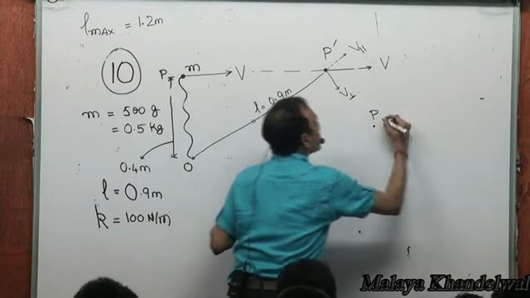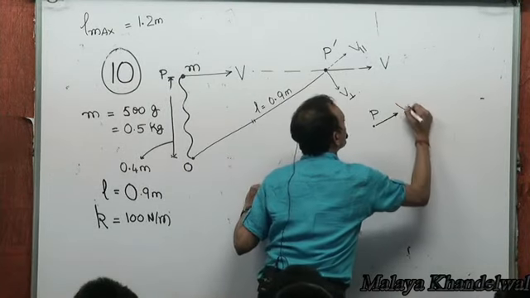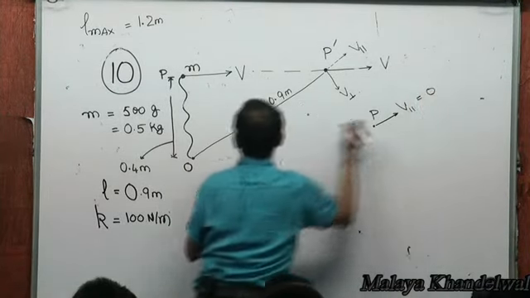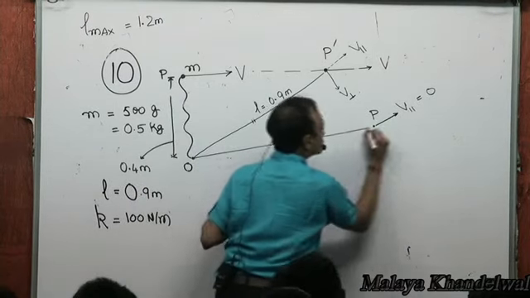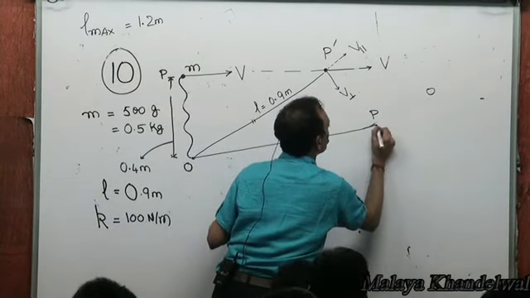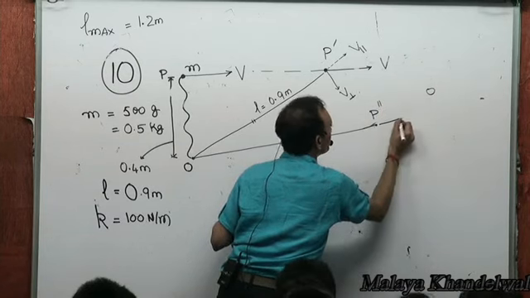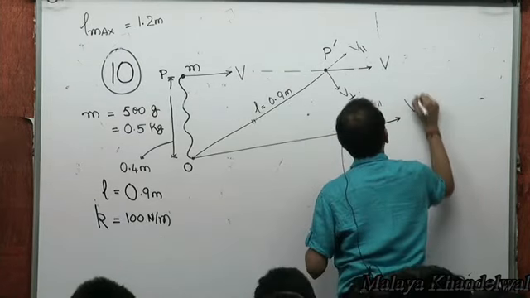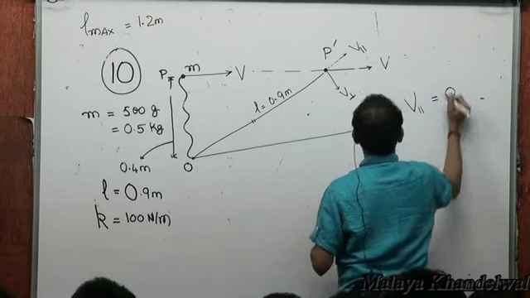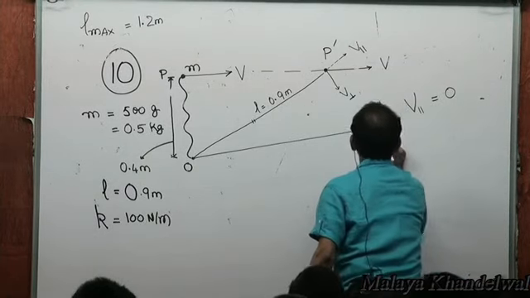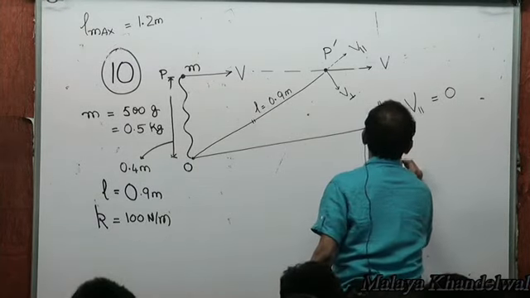at this point, the parallel component becomes 0. The parallel component becomes 0 at P double prime. And there remains a perpendicular component, call it say V1.